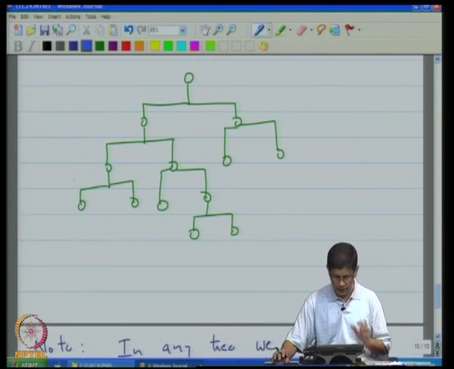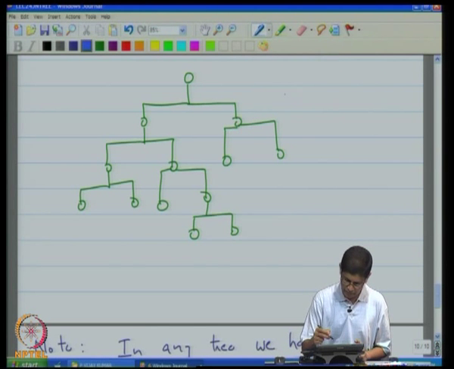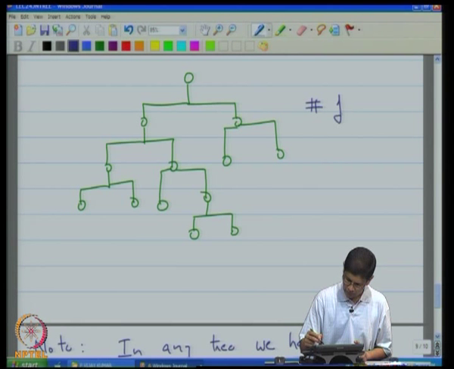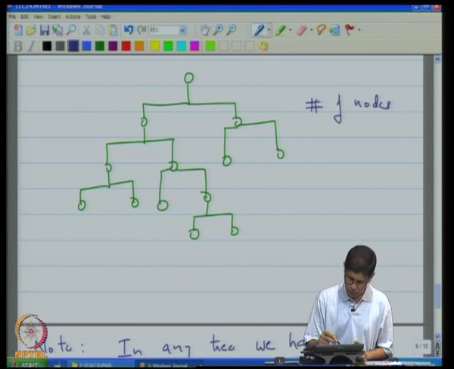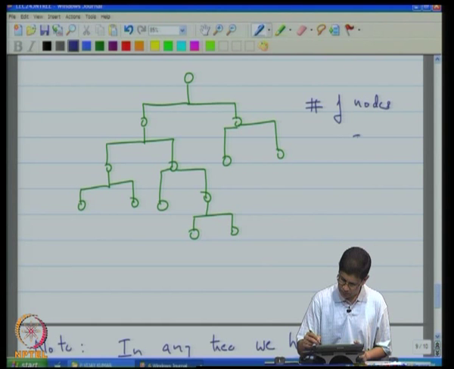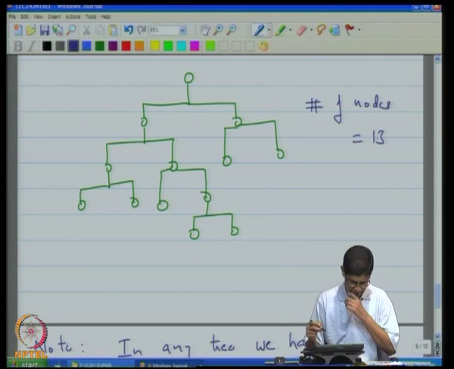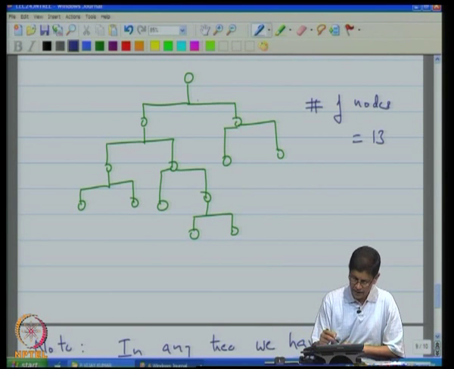For example, if you look at this example, the number of nodes: 1, 2, 3, 4, 5, 6, 7, 8, 9, 10, 11, 12, 13. So, you have 13 nodes, and you define an edge as a link between two nodes.